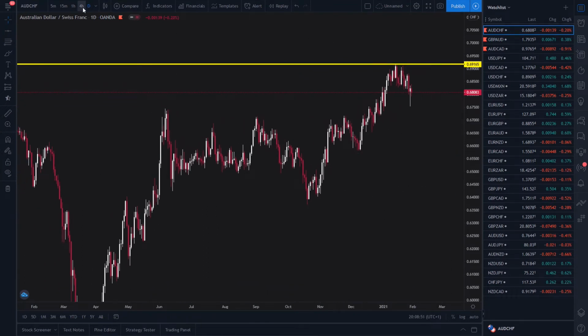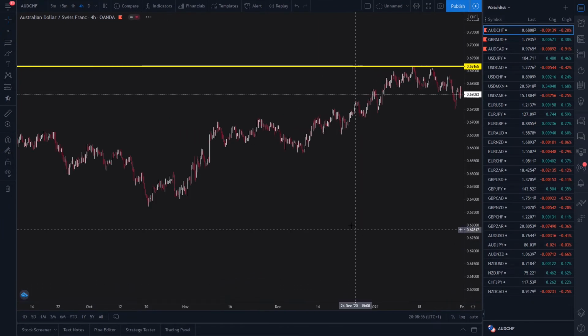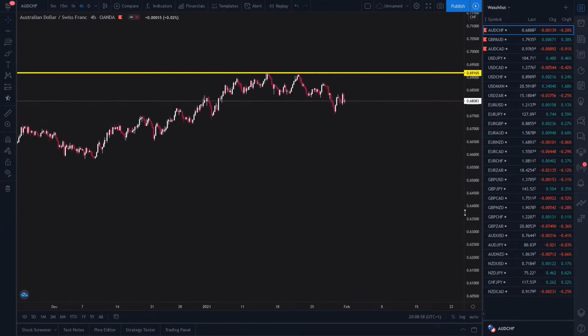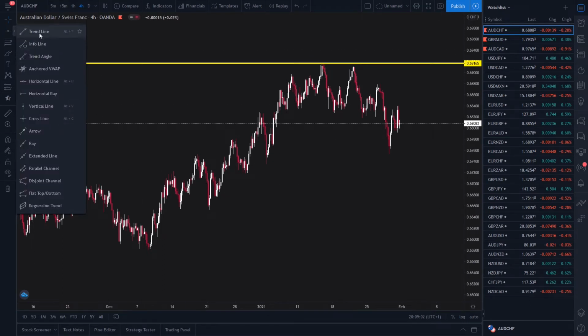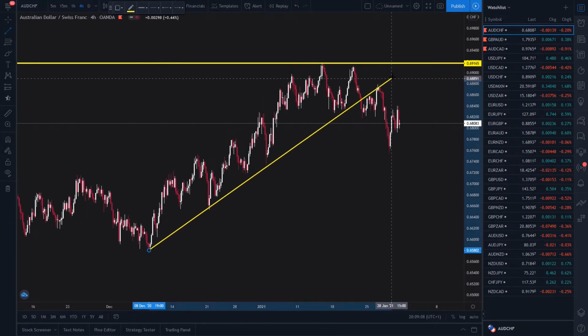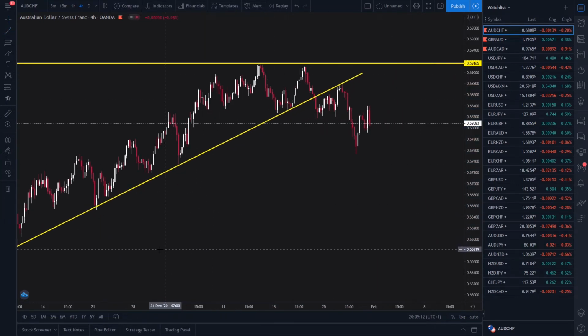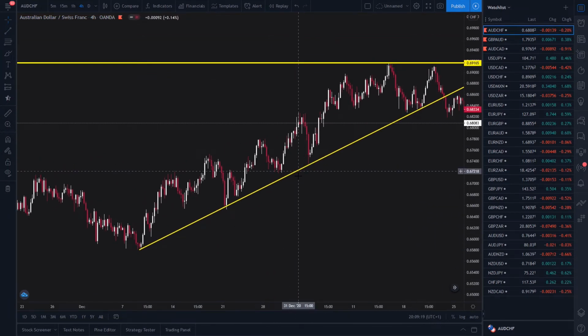So let's go for a 4-hour time frame and go to the most latest data, and we can say this is a trend line, because if you look at the data points, you can see the touch here, touch here, touch here.